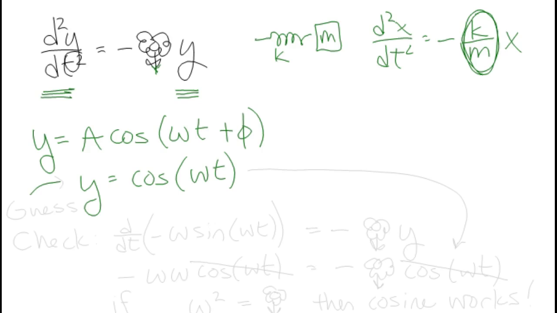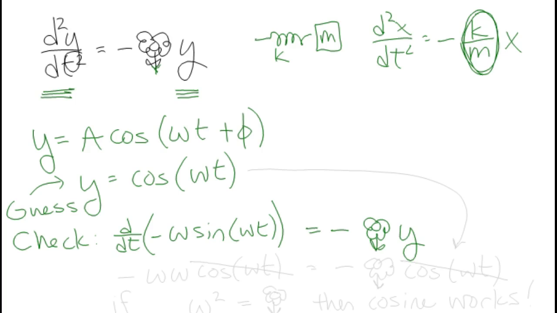So if this is our guess, what we do then to check is we actually do what it says. It says on the left-hand side to take two derivatives. So the first derivative, d/dt of y, which would be minus omega sine of omega t, is equal to, on the right-hand side, minus flower times y.